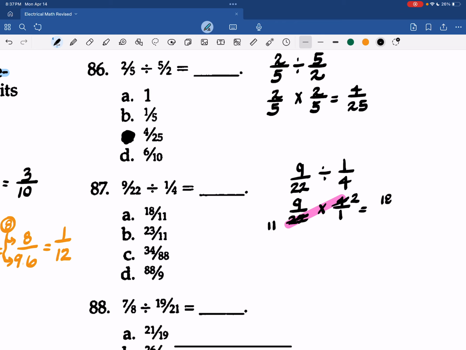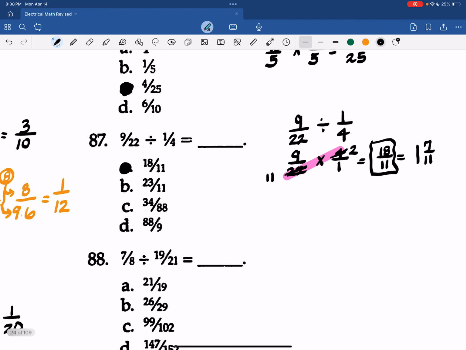So I'm left with 18 over 11. And that's the answer. I would not stop there. I would say 18 divided by 11 is 1 with 7 left. But they went with this one. I'm not sure. I think there must be something I don't know about the construction trades that they want you to leave it in that form.